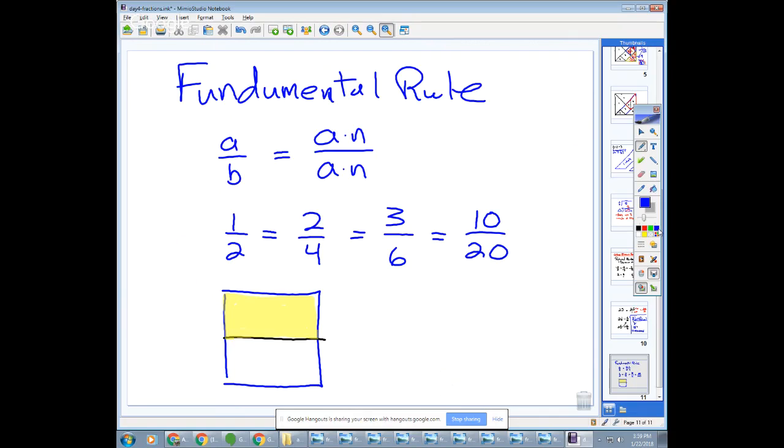So for example, I can change it now into 2/4. Because by making that slice, I've made 2 pieces in the numerator, and I've made 1, 2, 3, 4 pieces for the whole. Remember, a fraction is equal parts of a whole.